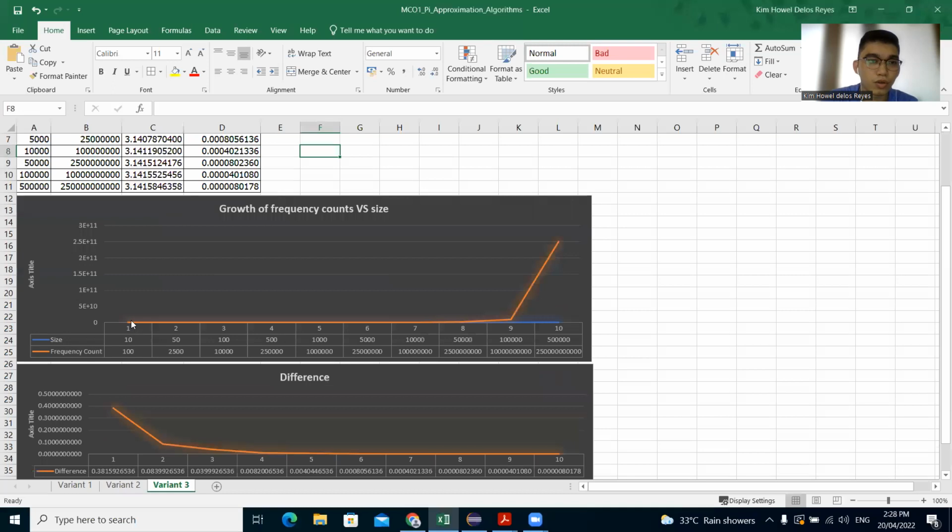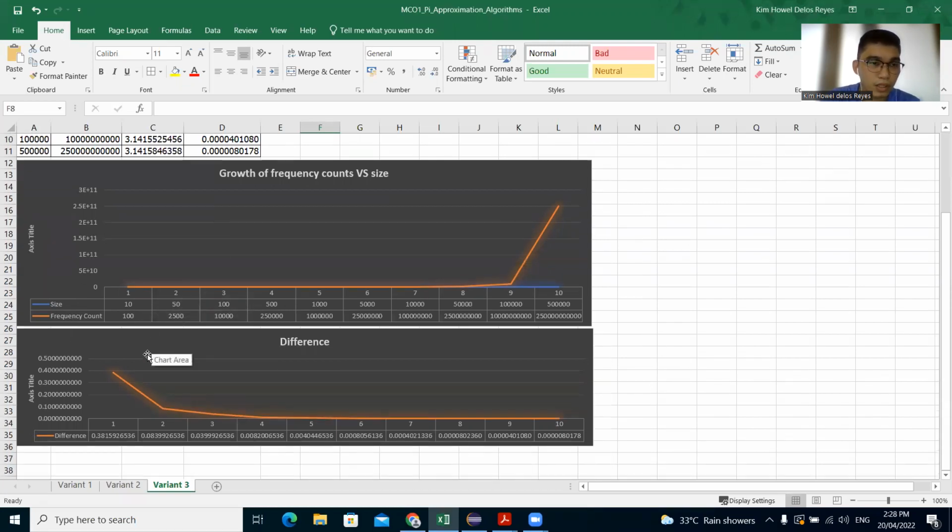This also shows a graph containing the relationship between the size and frequency count, and below is the difference between the computed value of pi and its actual value.